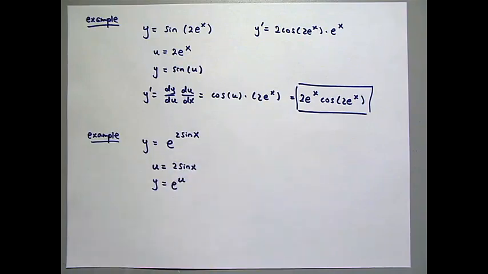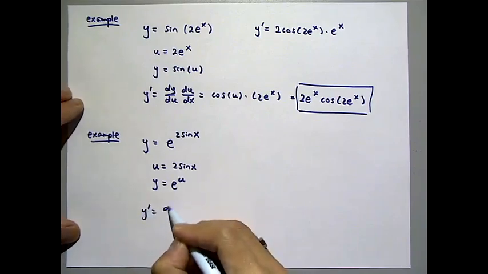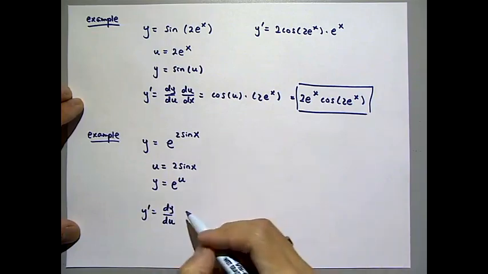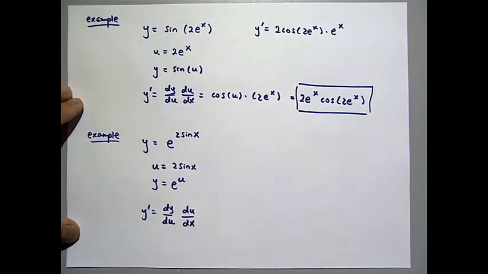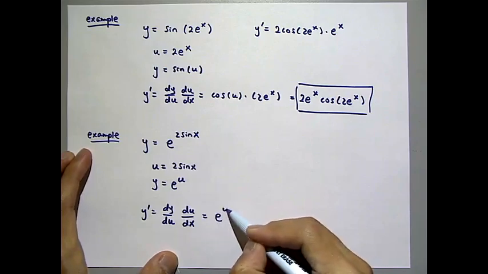All right, so y prime: the derivative of y with respect to its own variable, the u variable, and the derivative of u with respect to its own variable. What's dy/du? e to the u, right. That's a nice thing about e.